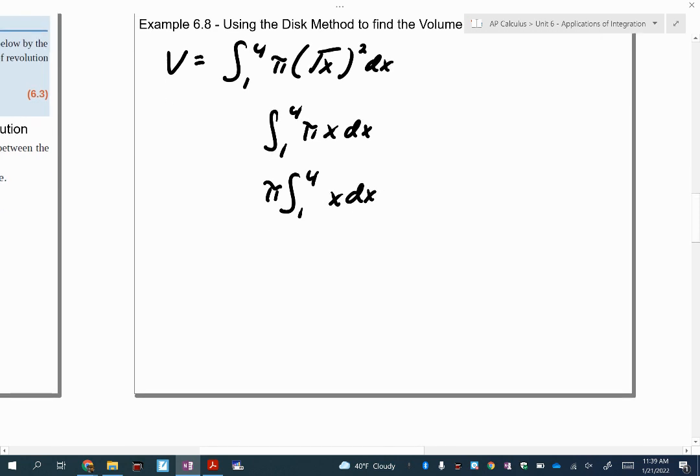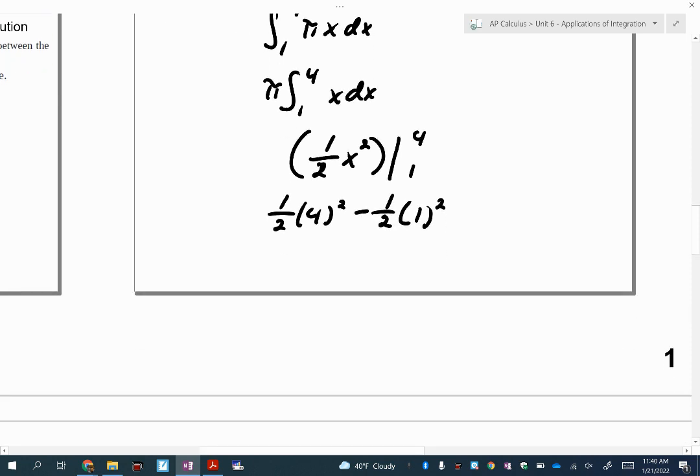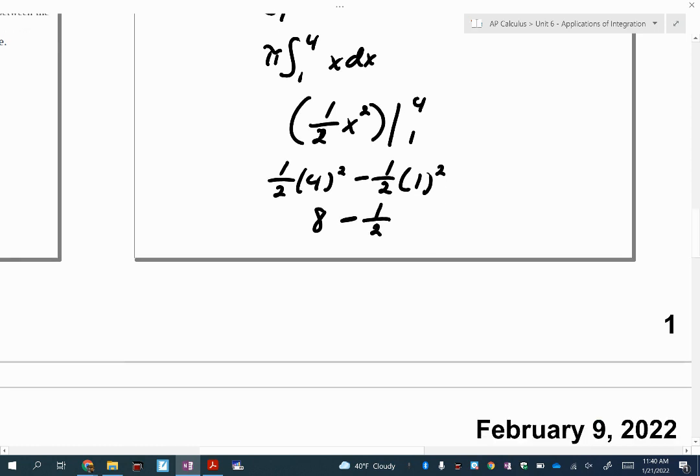And the integral of x dx is going to be 1/2 x squared. I'm going to evaluate that at 4 and 1. So 1/2 times 4 squared minus 1/2 times 1 squared. That's going to be 16 divided by 2 is 8 minus a half. If I change that 8 to have a denominator of 2, I get 16 halves. 16 halves minus 1 half is 15 halves.